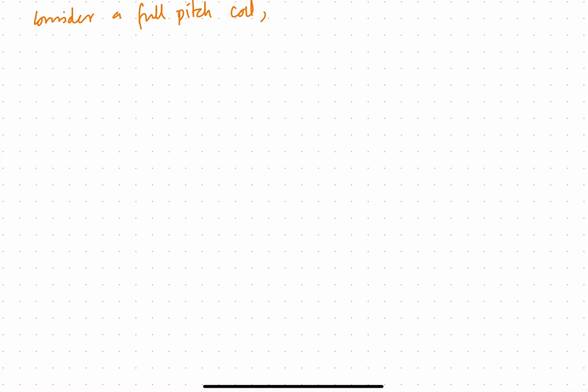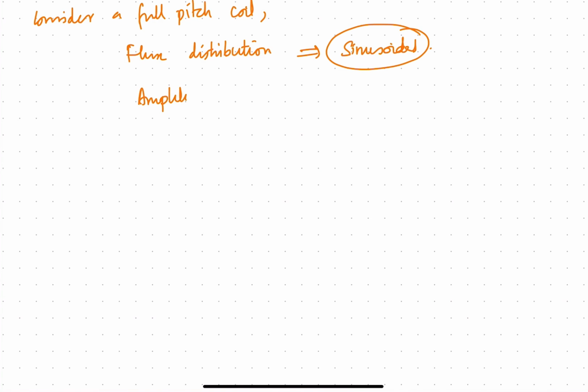If you assume the flux distribution around the armature to be sinusoidal, I'll write it here for you. Flux distribution, we assume it to be sinusoidal. The EMFs will be sinusoidal, and if the EMFs are sinusoidal, the amplitude of EMFs can be represented by phasors.